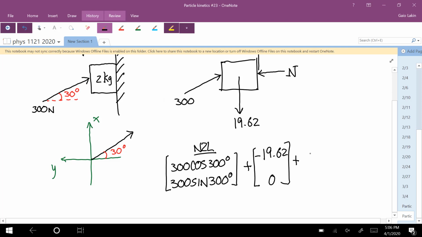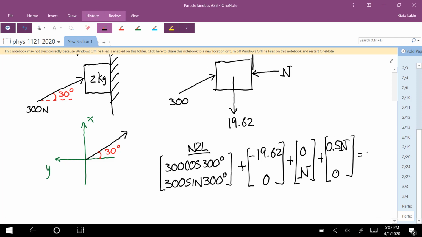N is where it always is, the positive y. The friction force in this case is in the positive x, so that's plus 0.5 N, 0. And all these are equal to the mass times the acceleration, which is a, 0, like it always is if you use a rotated coordinate system.